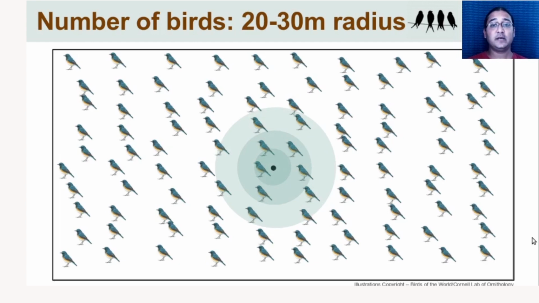And that's because the area of the radial band from 0 to 10 meters is lower than the area of the band between 10 to 20 meters, and the area between 20 to 30 meters is higher than the area between 10 to 20 meters. So as you move away from the point, the area of the habitat is also increasing, and therefore the number of birds, if these birds are randomly located with respect to the point, should also increase with distance from the point.